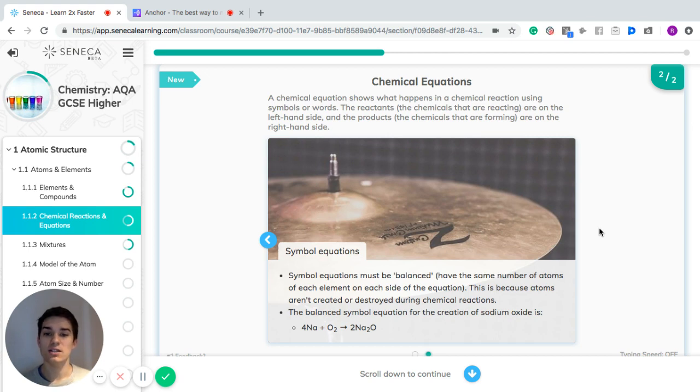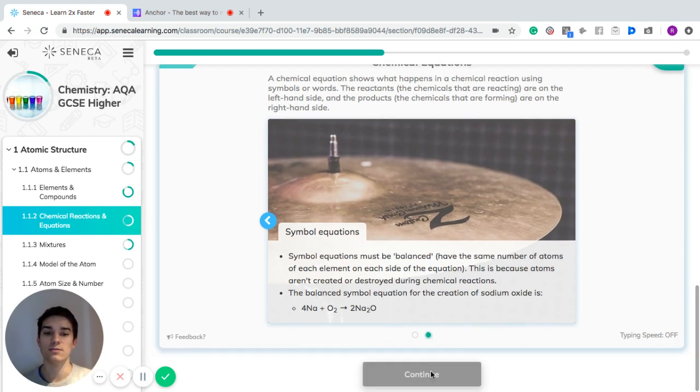So if you changed it to 4Na plus O2 goes to 2Na2O, then we have 4 sodiums on the left and 4 sodiums on the right, and you also have 2 oxygens on the left and 2 oxygens on the right.